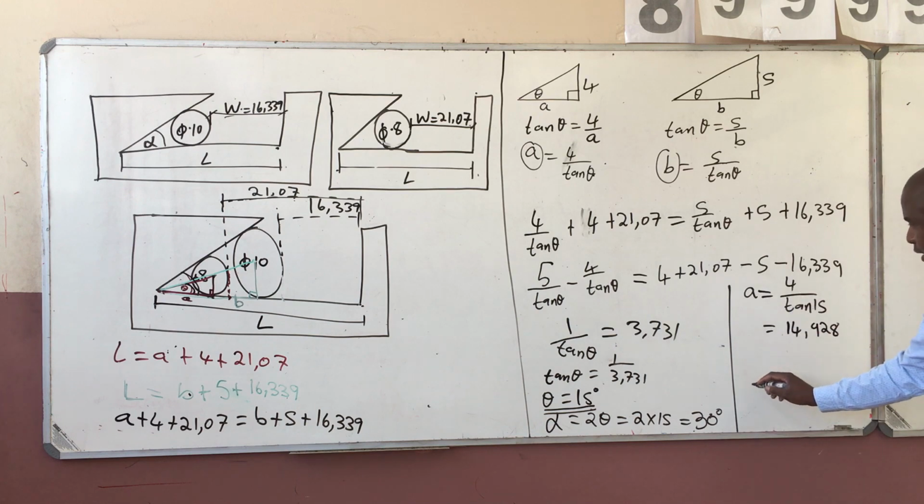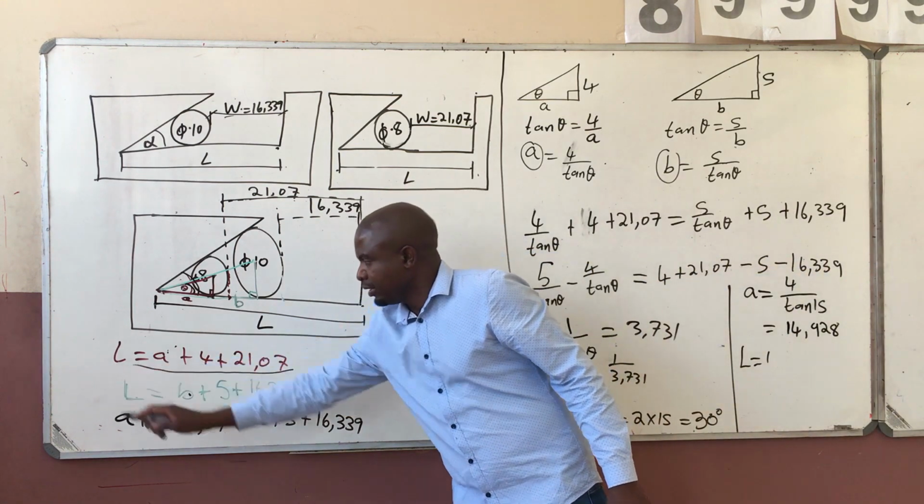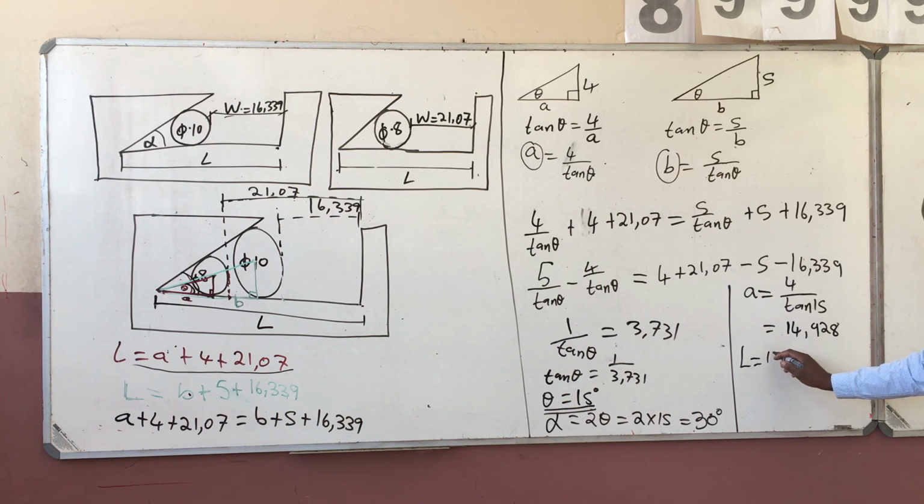So now that I have A, I can say L is equal to, substituting in this equation, 14.928 plus 4 plus 21.07, which gives me 39.998, which you can round to 40.